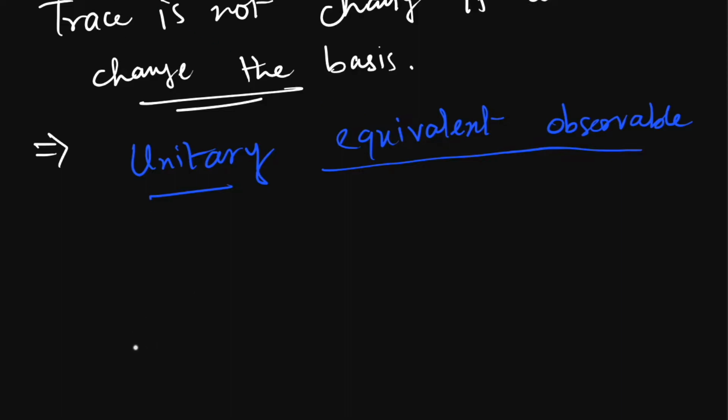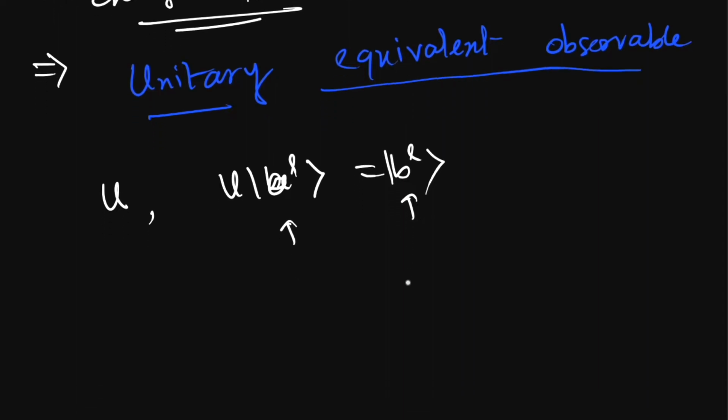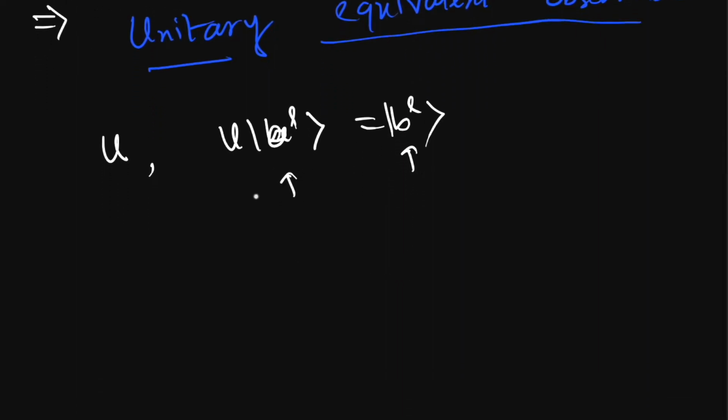Suppose that the two orthonormal eigenkets are related through a unitary transformation U. Then U|a_l⟩ equals |b_l⟩. These are the eigenkets of the operator A.